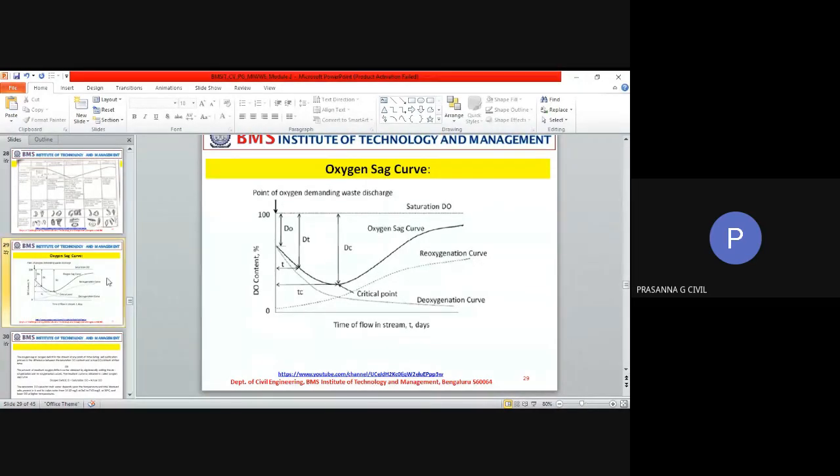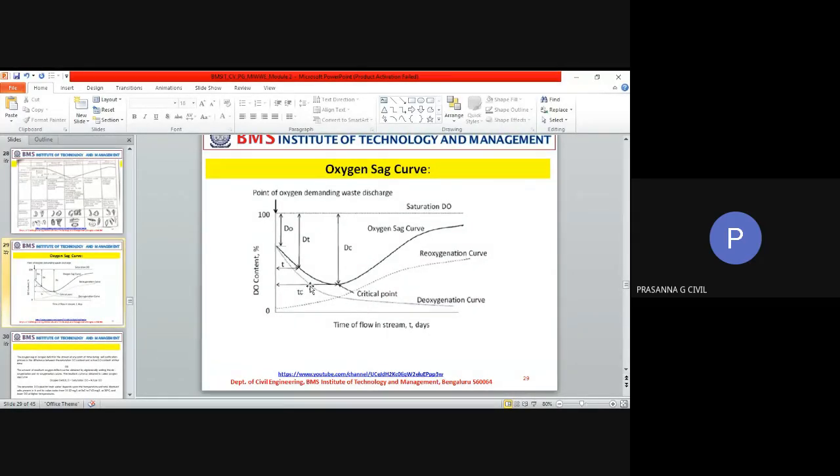So when the pollution load is discharged into the stream, the DO content of the stream goes on depleting. The depletion of DO content we call by the term deoxygenation, and the rate of deoxygenation depends on the amount of organic matter that is still remaining at a particular point of time, based on the temperature of water.